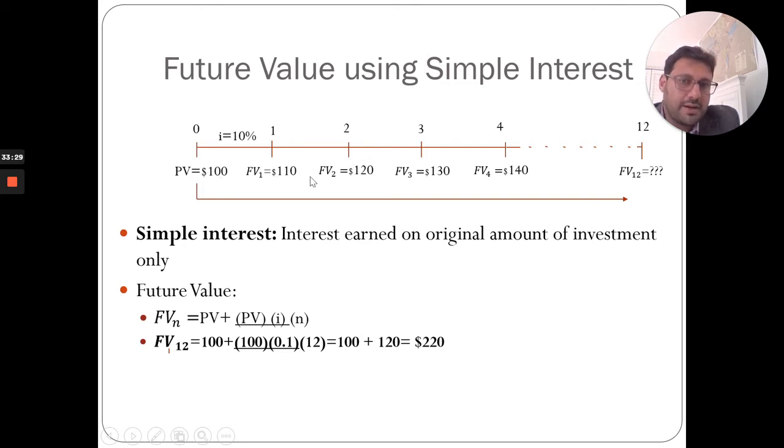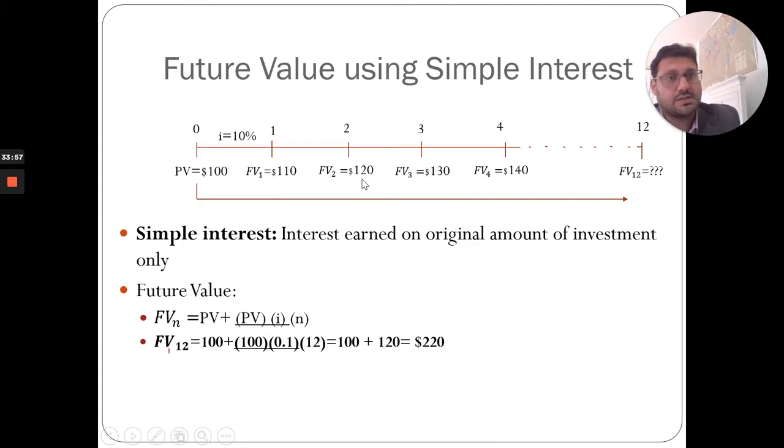For the second time period, this 110 will not be used to calculate the interest. To calculate the interest, the same present value of $100 which you originally invested will be used. So for the second time period, the interest is again 10. What would be the value of your account at the end of the second time period? 120, because now you have 2 interest amounts added into it, right?